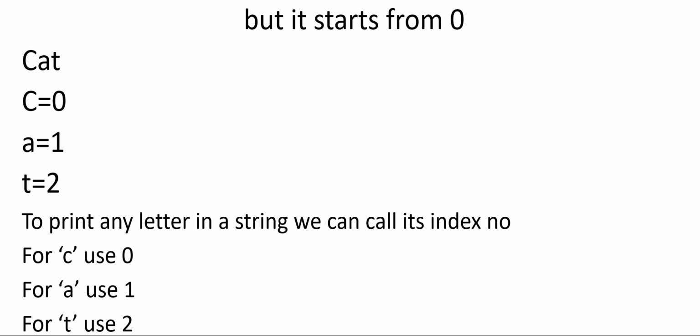If I talk about a string that contains a sentence, say it is written as I like coding, what will be the index number for I? Zero. So I holds 0.